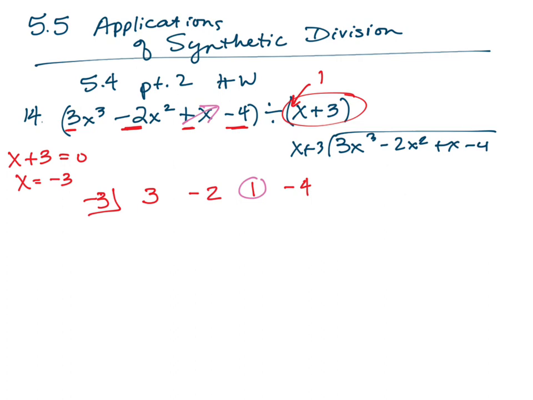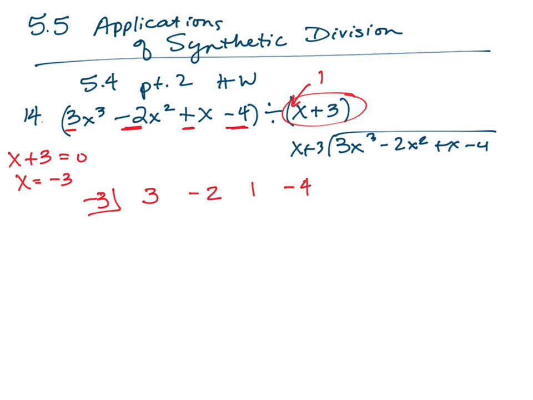Okay, so if a term is not represented, so we started with 3, we need something for 3 and 2 and 1 and the constant. If there doesn't exist a coefficient for every single term, then you just put a 0 in the placeholder. Is that making sense? That happens a couple of times in your homework. But that's not the case here. Here we have the x, so we have the 1.